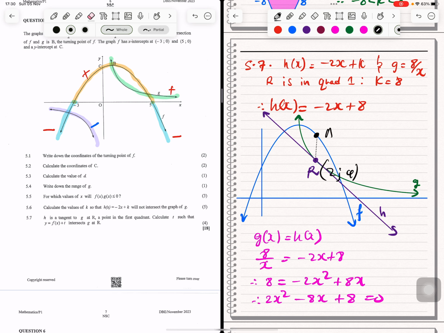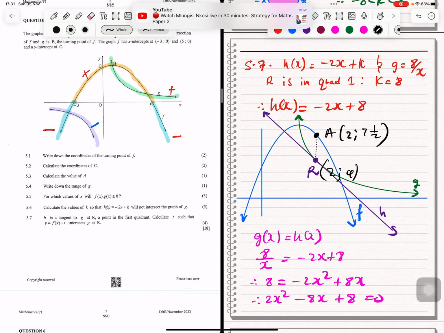Let's call that point A. This will be 2, and you substitute it into that particular graph of f to get the y value. If you substitute that properly, it's 15 divided by 2, so it's 7.5 here.